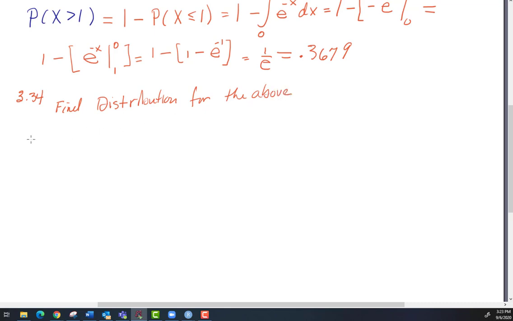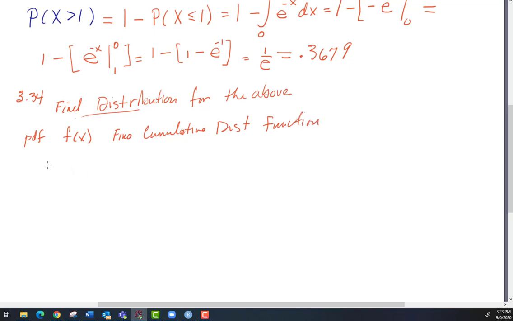Now, we haven't talked about that for continuous random variables yet, but we've got the PDF, which is lowercase f of x in the above problem. But the distribution function is the cumulative. That is, what this means is the cumulative distribution.